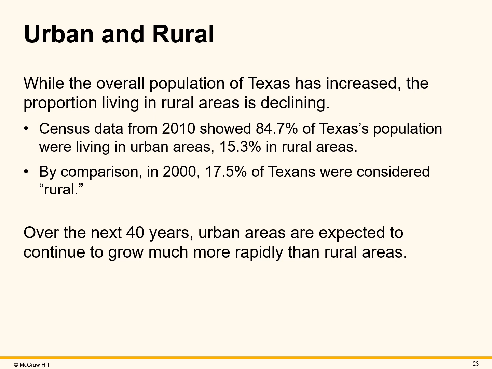The census data from 2010 showed 84.7% of Texas's population were living in urban areas, 15.3% in rural areas. By comparison, in 2000, 17.5% of Texans were considered rural. Over the next 40 years, urban areas are expected to continue to grow much more rapidly than rural areas.